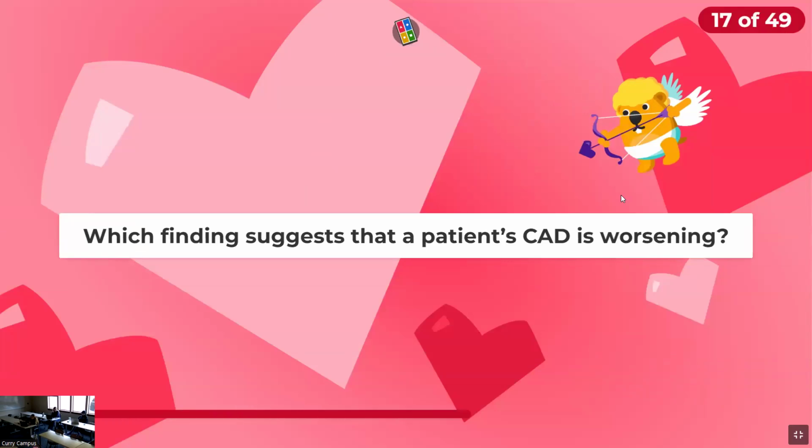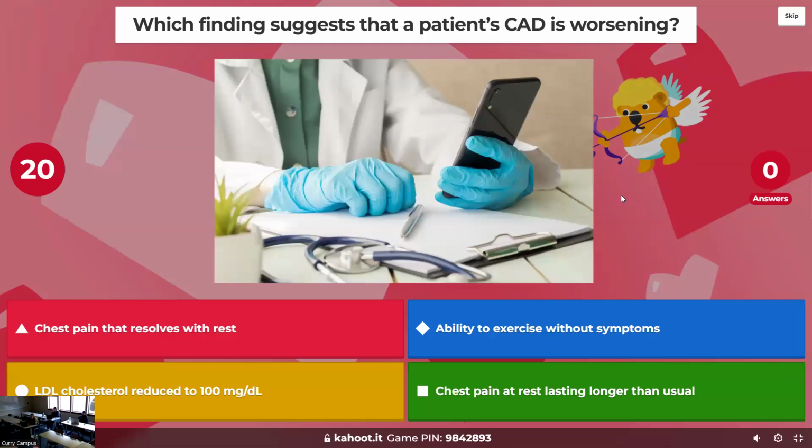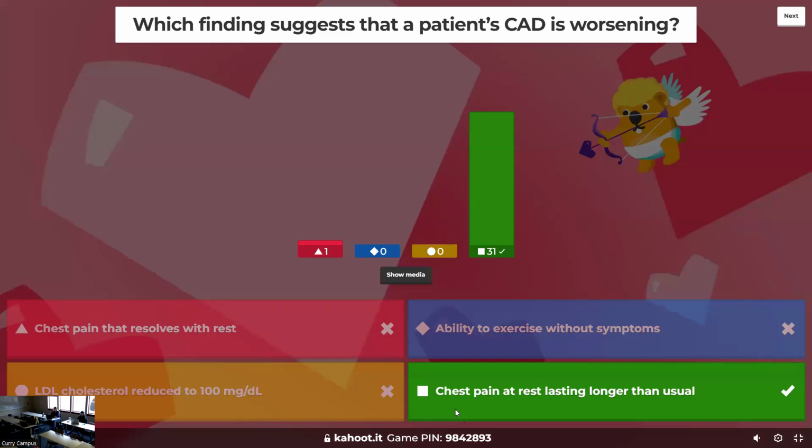Which findings suggest that the patient's CAD is worsening? And that bottom one is LDL cholesterol reduced to 100 milligrams per deciliter. All right, almost everybody got that one right.